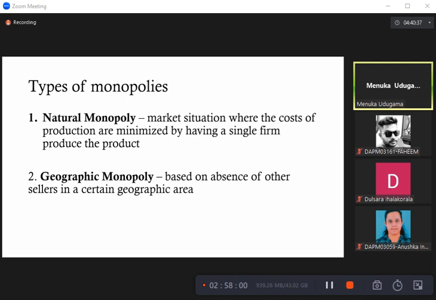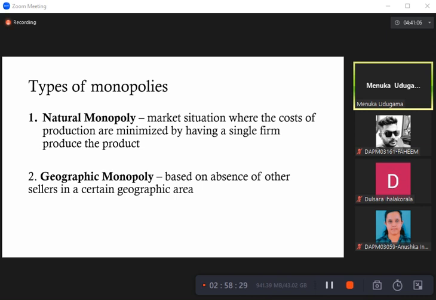Then geographic monopoly is based on the absence of other sellers in a certain geographic area. So the name gives you a clue that this monopoly is based on geographic conditions. For example, tea, we know that it's not a monopoly, but if tea can be produced with the highest quality in Sri Lanka, then it can become a monopoly.